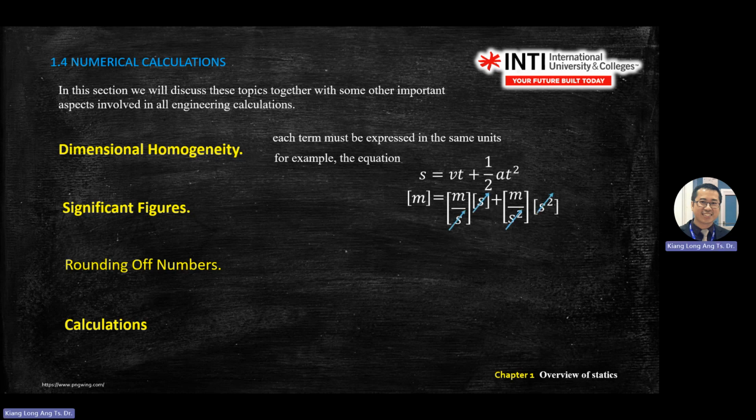So when you cancel the dimension, you arrive at meter. This is called dimensional analysis. So this is called dimensional homogeneous.